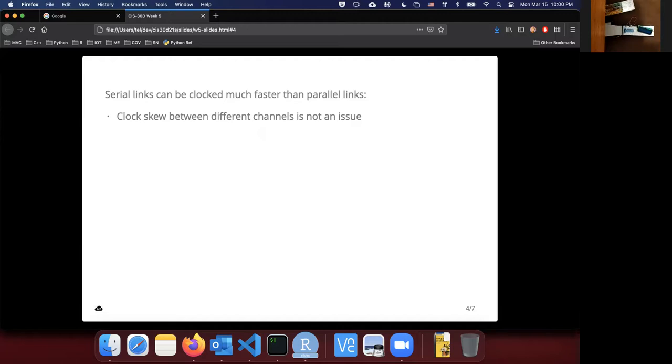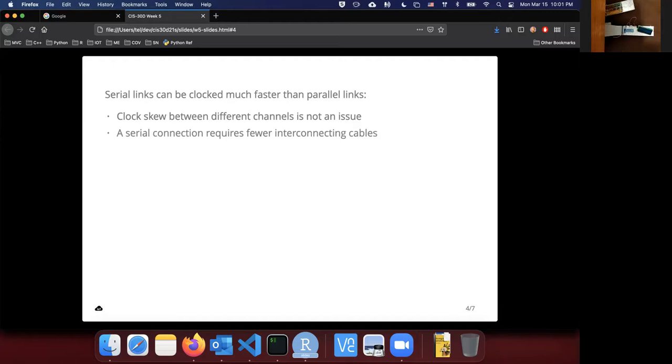Clock skew means the data is sent on different wires at different times, like different pulses, and that causes a problem. When you sample the data, is this bit part of this byte, the previous byte, or the next byte, right? So it has to have that kind of synchronization going on. That's one of the reasons why parallel is not as good as serial.